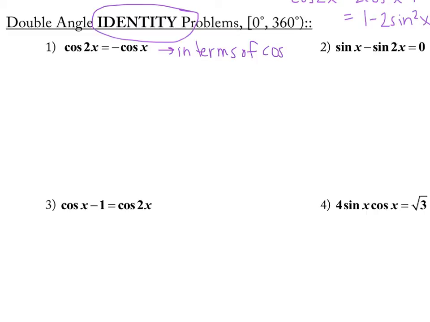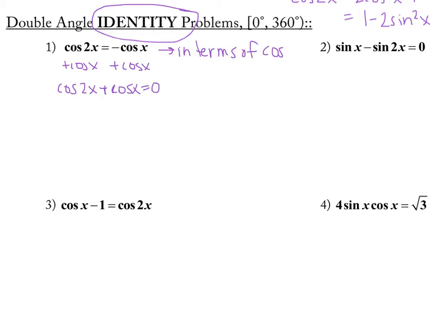Okay. In order to do that, we need to go ahead and set the equation equal to 0. Okay. These are not like terms, you cannot combine them. So you have cosine of 2x plus cosine x equals 0.